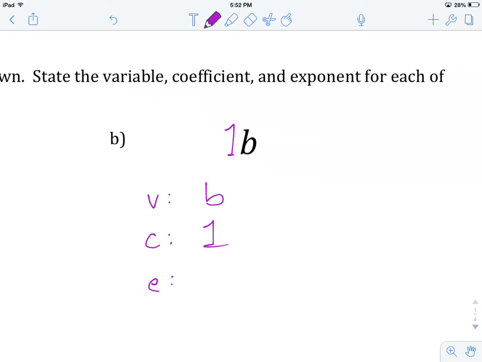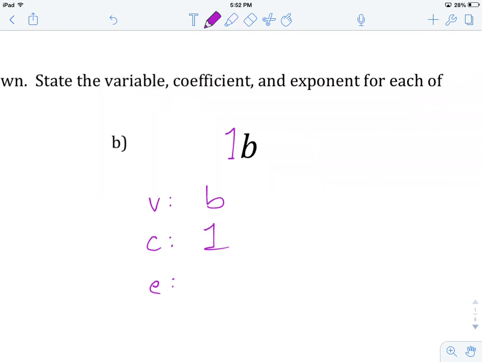If there's a variable there at all, it has to be raised to the exponent 1. That's the bare minimum if we see a b there at all. So again, I'm going to write that in as our exponent, both on the term and then in the little table that we've made here. So we have in the term b, our variable is b, our coefficient is 1, and our exponent is 1.